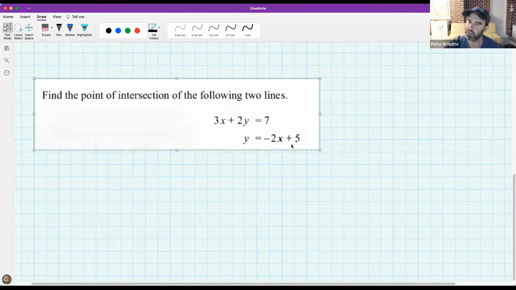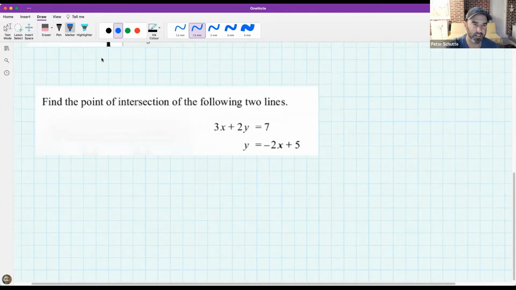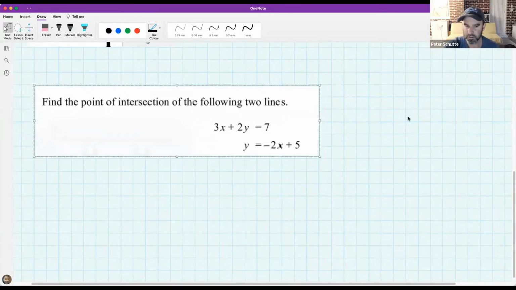For those who are still a bit unsure, I'm going to give you some hints, but I want you to just think, what did we do at the end of the last lesson? And try and find these intersection points. Okay. And if you are stuck, I'd love you to just raise your hand, and then I can unmute you, and maybe we can even have a little conversation about where you're getting stuck.